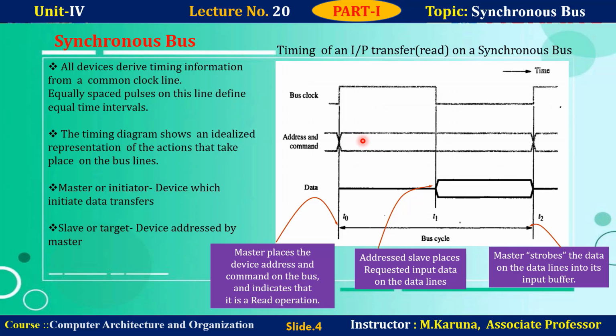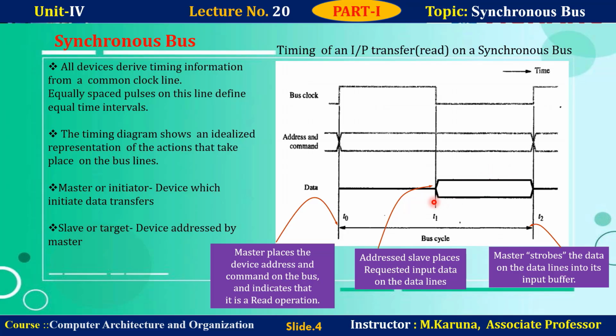Here the master places the device address on the address lines and sends an appropriate command on the control lines. In this case, the command is input operation, that means read operation. The command signal specifies the length of the operand to be read. If possible, speed can also be determined.